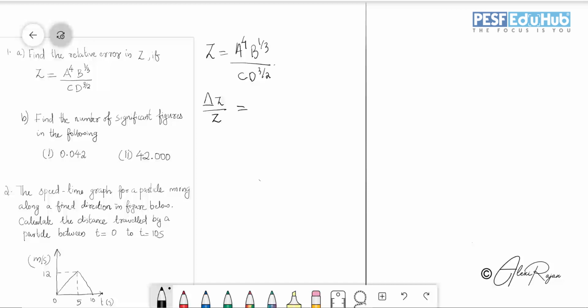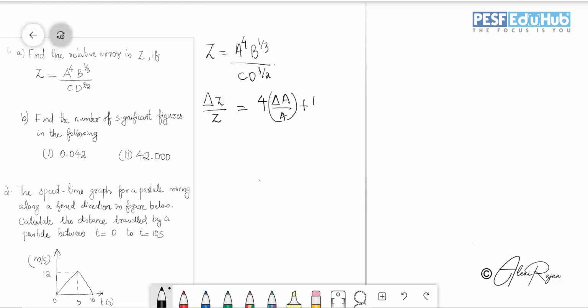Now, a raised to 4: a is some quantity, b is some quantity, c is some quantity, d is some quantity, right? Here you just write down the power, 4 into delta a by a, plus, now see the b.